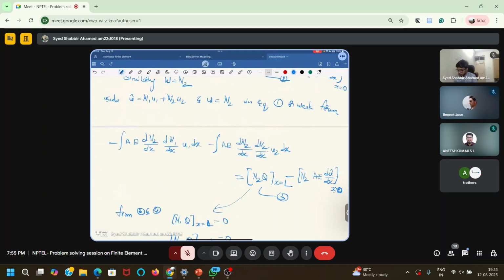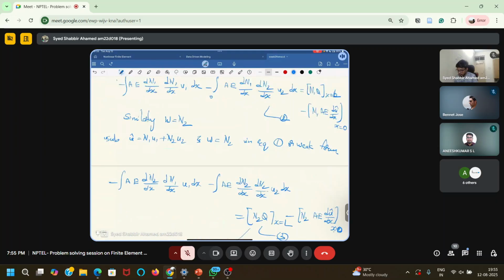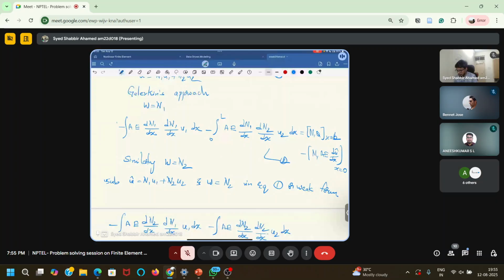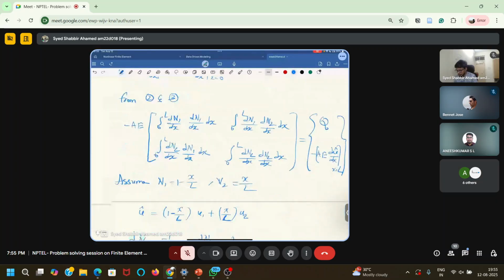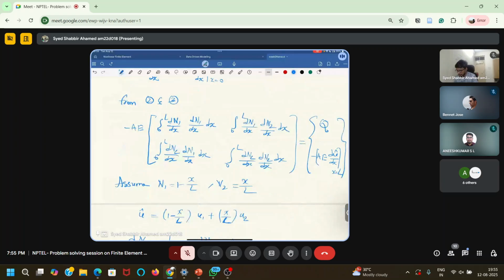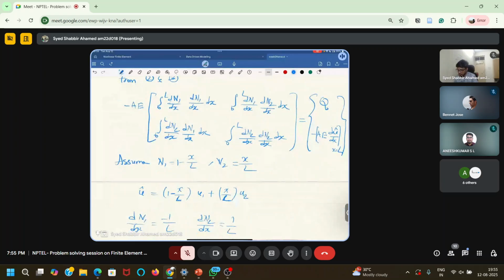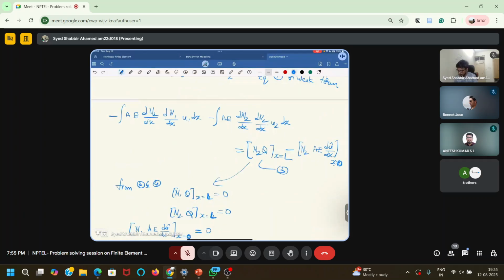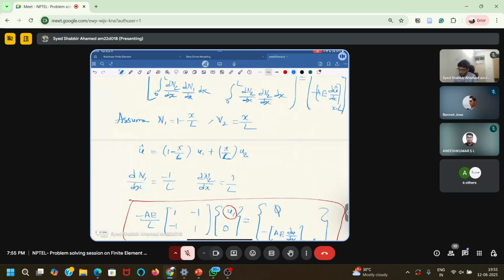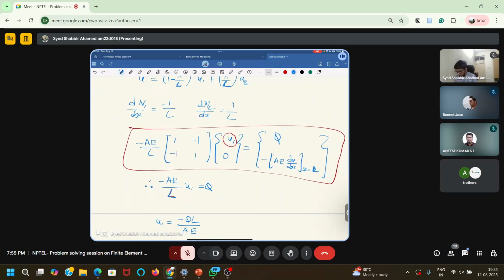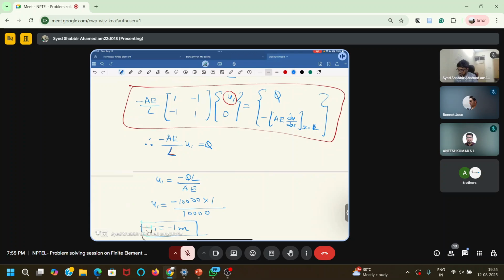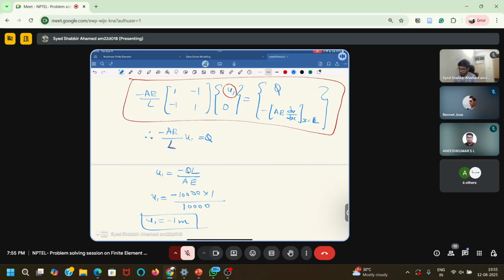We assume W, the weighting function, is equal to N1, N2, whatever basis functions we have taken. We will get two equations and two constants, U1 and U2, so we can solve for them by solving this matrix equation. The whole problem has boiled down into a matrix form.